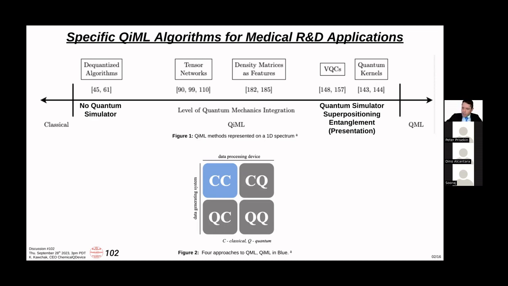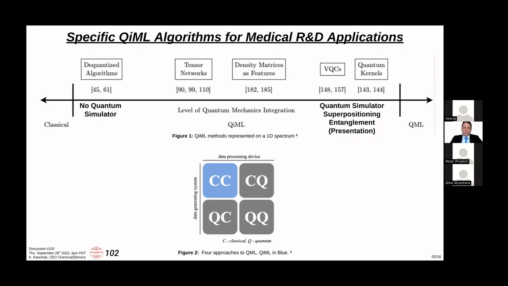You'll probably be hearing more about dequantized algorithms, but we're going to focus more on the VQCs on this side. So this is if you have a quantum algorithm and you're basically wanting to use it on a quantum simulator. We'll have time for questions in a little bit as well.